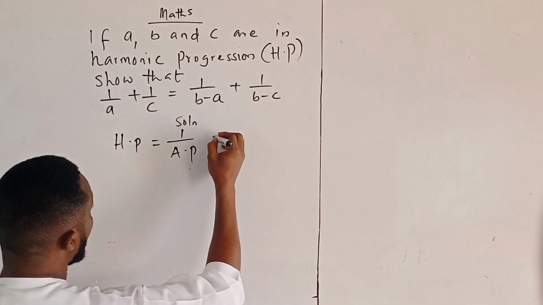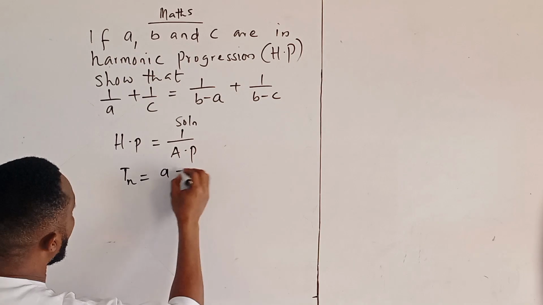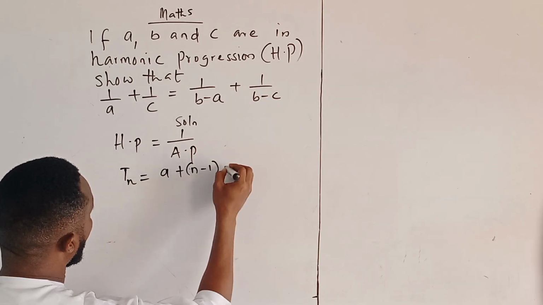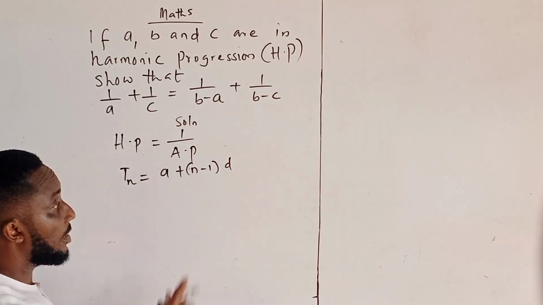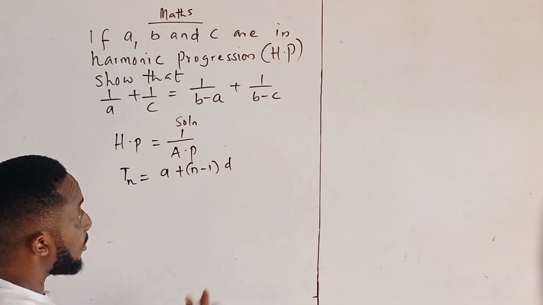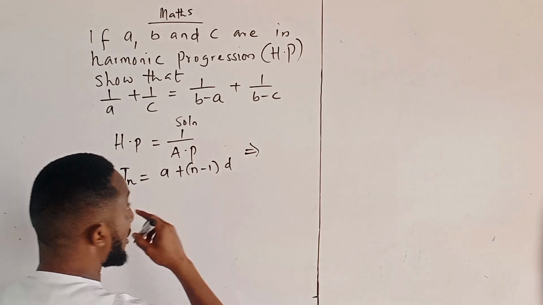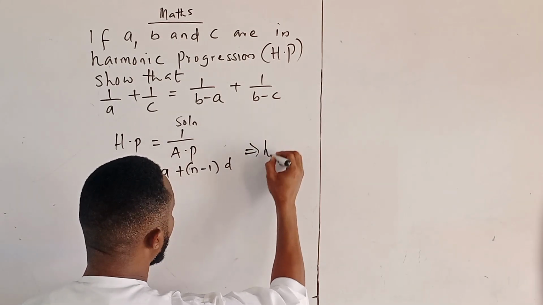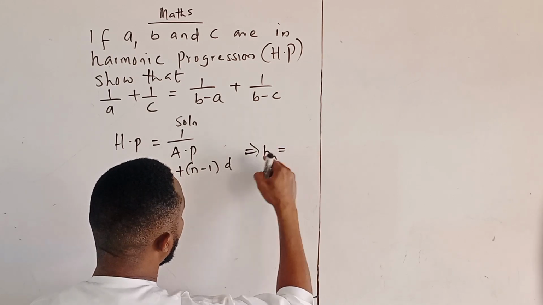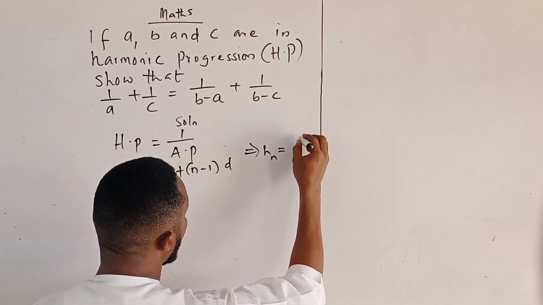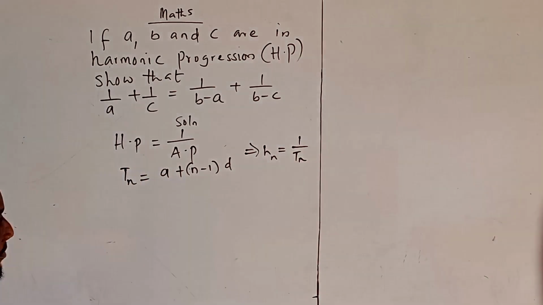And we know that the nth term of an AP is given by a + (n - 1)d, where a is the first term, n is the number of terms, and d is the common difference. So we can then say that the nth term of an HP, I can call Hn, is equal to the inverse of the nth term of an AP, 1 upon Tn. I think this makes sense.